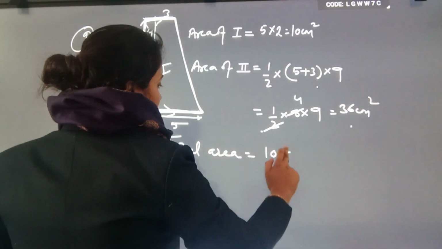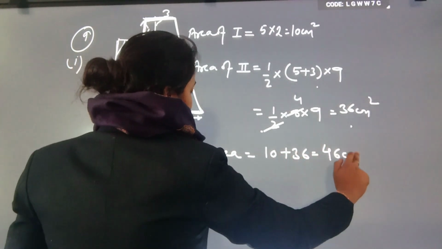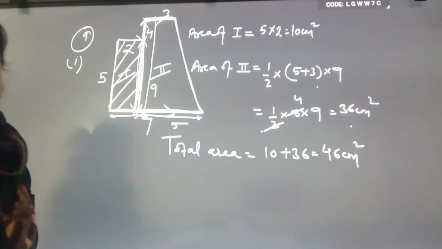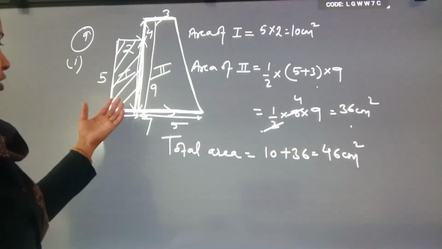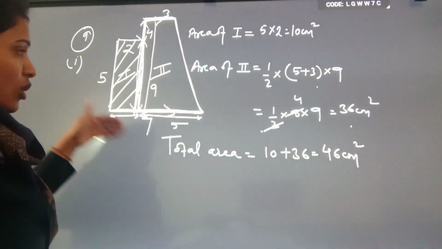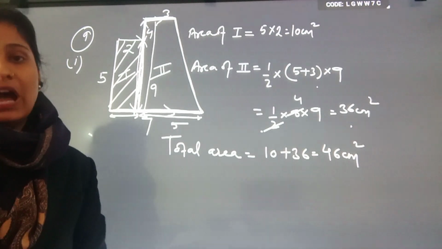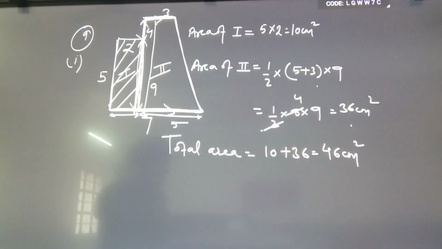That means 10 plus 36, which will give you 46 centimeter square. I hope this is clear. We have found the area of figure 1 and figure 2, and in order to find the total area of the given figure, we have added them both. Now let us go to the second part of question number 9.